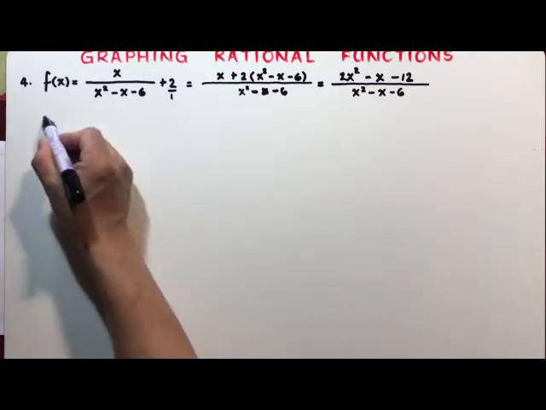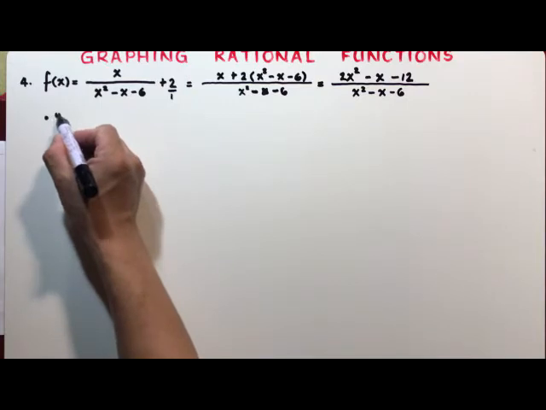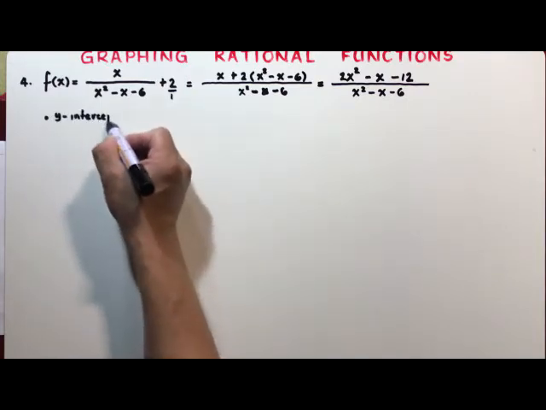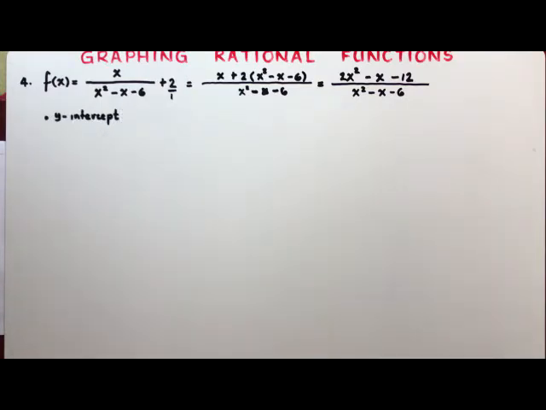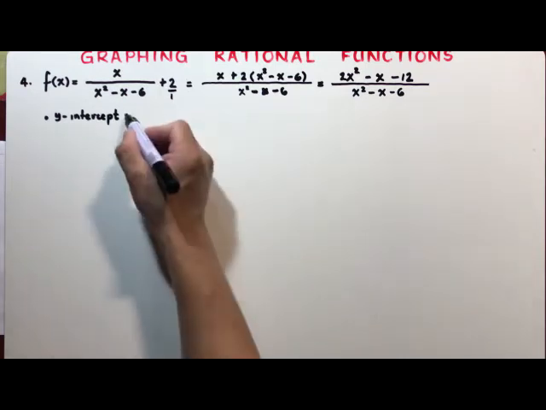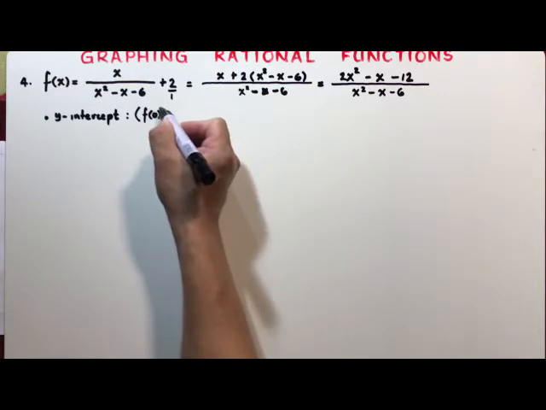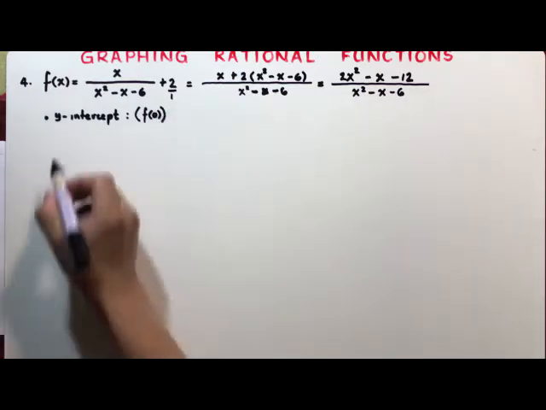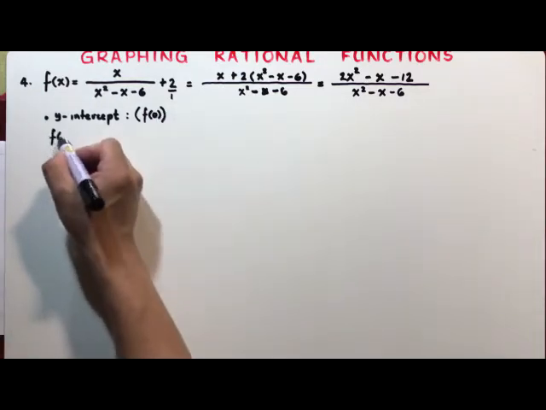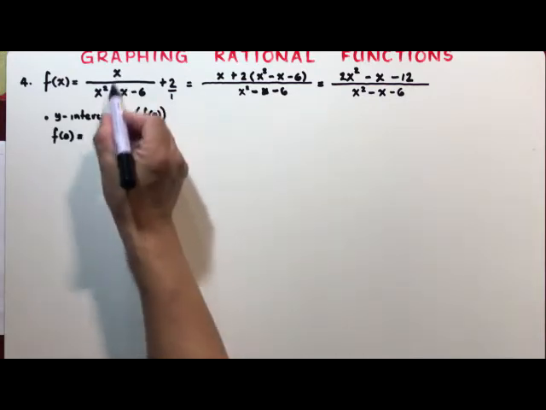So let's start here, the y-intercept. So how do you find the y-intercept of a function? We just evaluate the function at x equals 0 here. So if your x is 0, we just substitute it there.